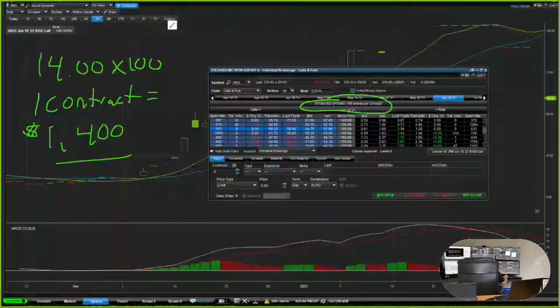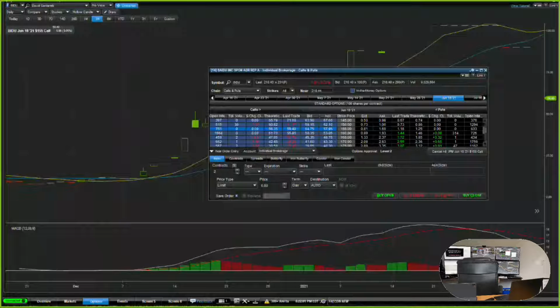You could get about 6 contracts for that, right? So 6 contracts is going to cost you 6 times 1,400. That's going to cost you $8,400 for those 6 contracts. Okay, so now let's show you how you do it if you got a decent size account here.